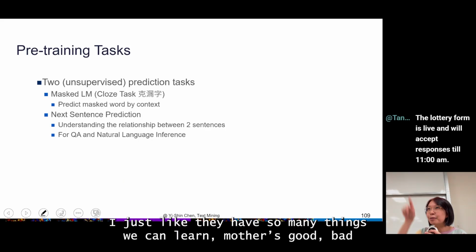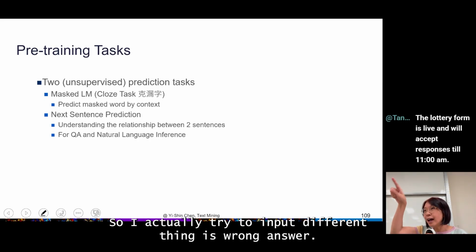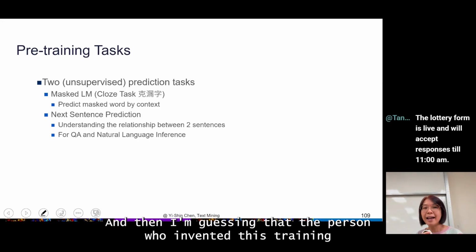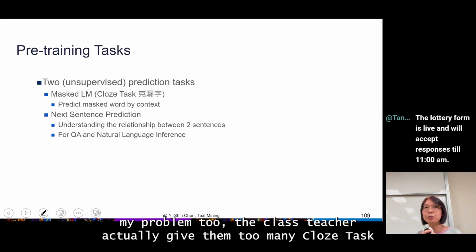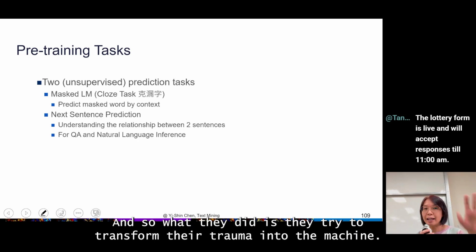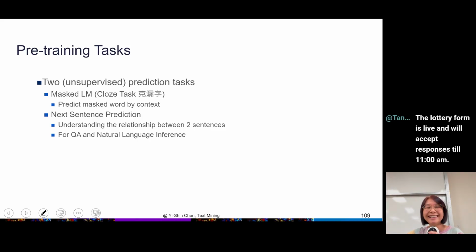I could never fill in correctly because I never memorized the text. There were so many things I could learn, marvelous, good, bad, and so I tried to input different things, and it was the wrong answer. I'm guessing the person who invented this training also suffered my problem, the class teacher gave them too many cloze texts, so they transformed their trauma into the machine.